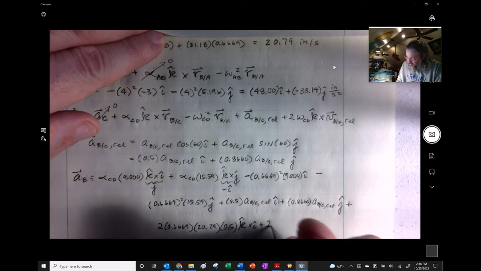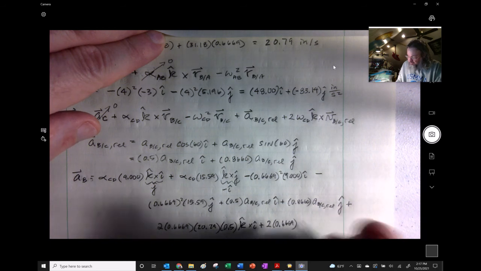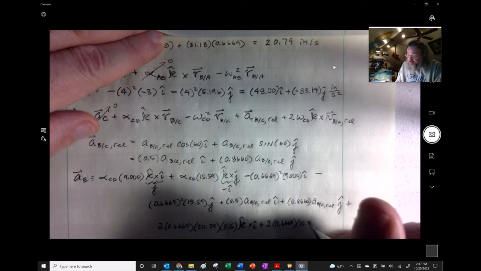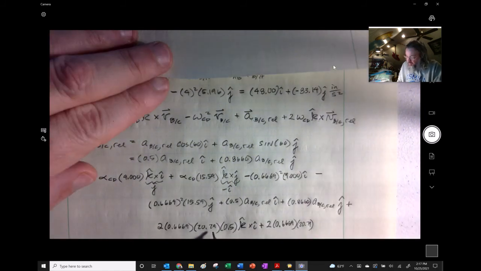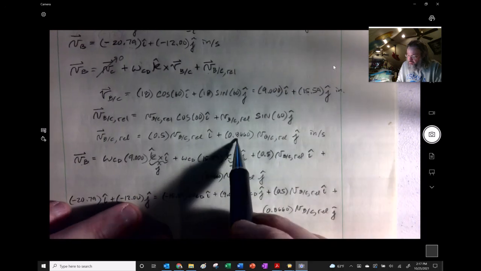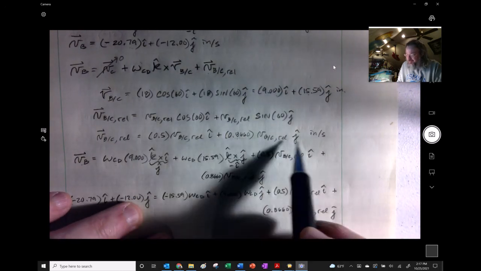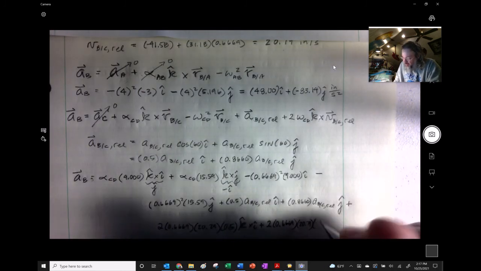Plus the same thing again, 2 times 0.6669, and now the magnitude 20.779, and then times 0.866 times J. Oh no, K cross J. Okay.